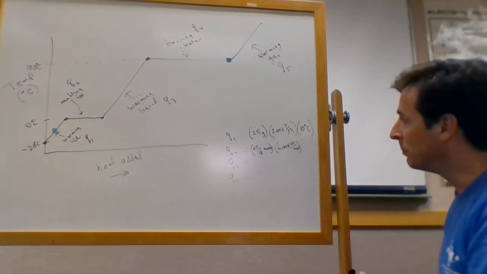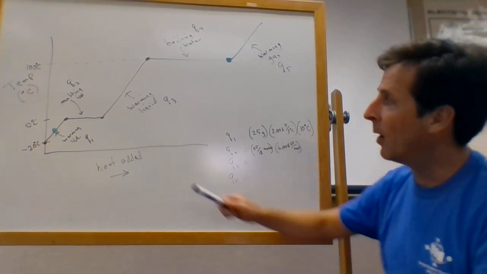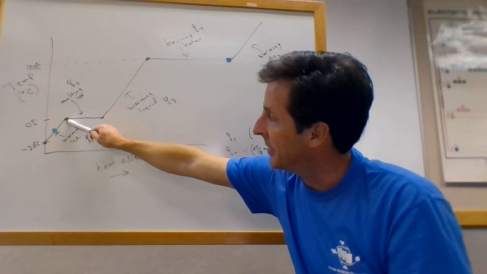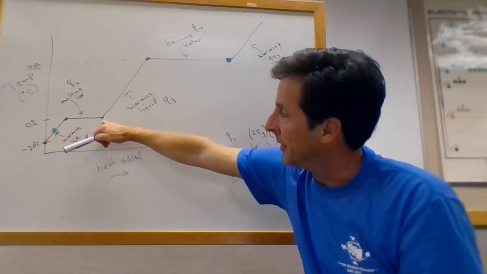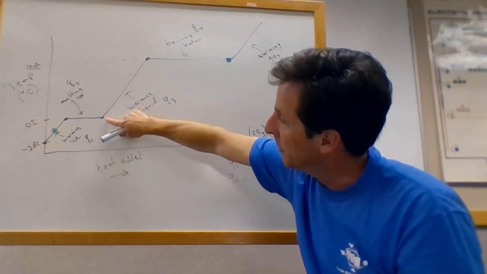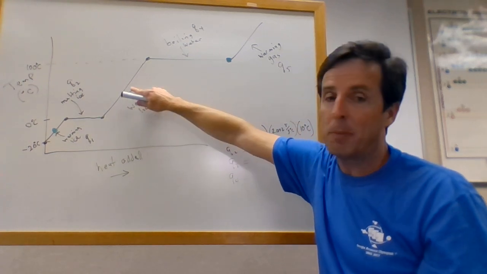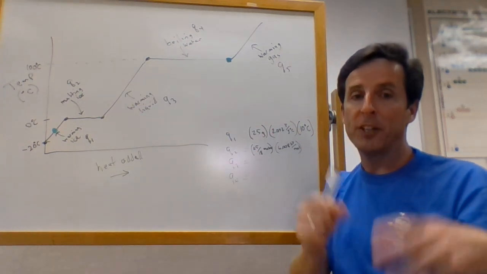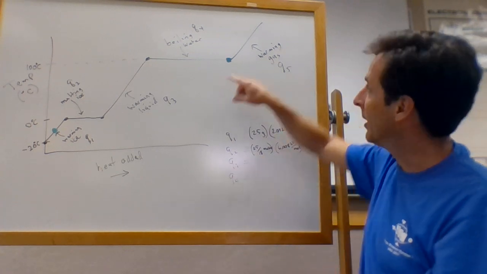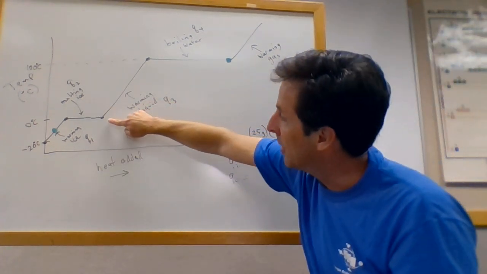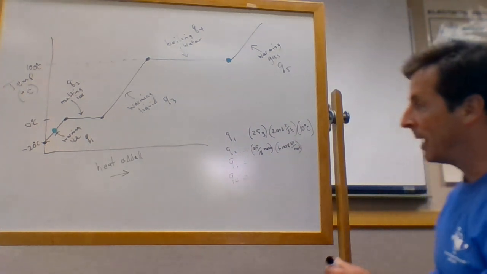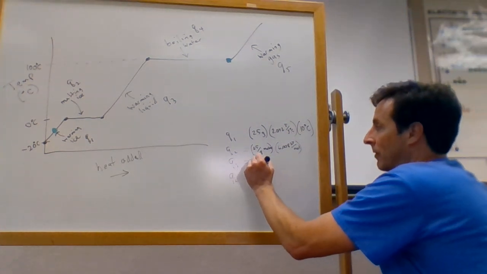Okay, so Q3. Now I warmed my ice up to 0, then I melted it in Q2. So now Q3, I'm going to warm it from 0. I don't have to go all the way up in every problem, but in this problem we do. I want to get all the way over to this point, so I have to go entirely through that whole segment. So my mass, again, is going to be 25 grams.